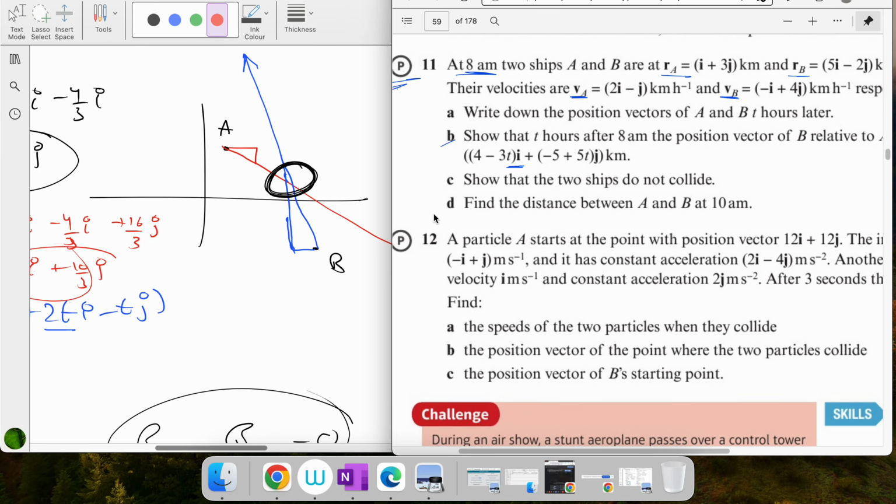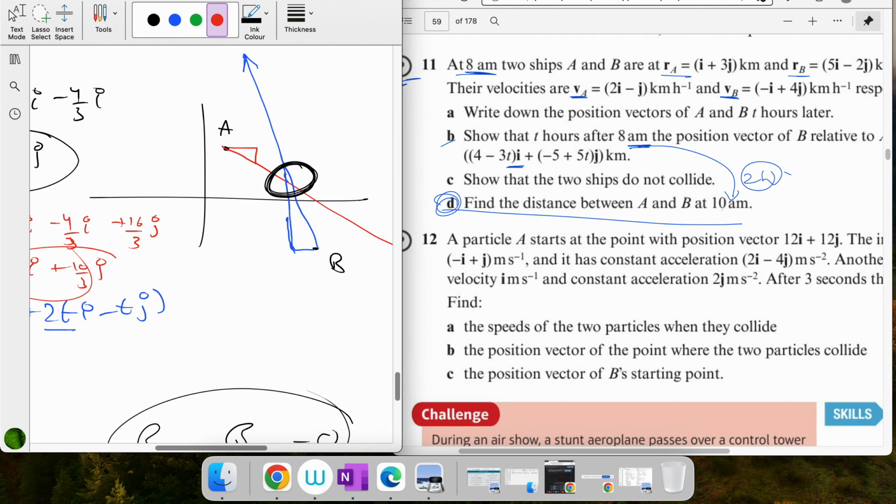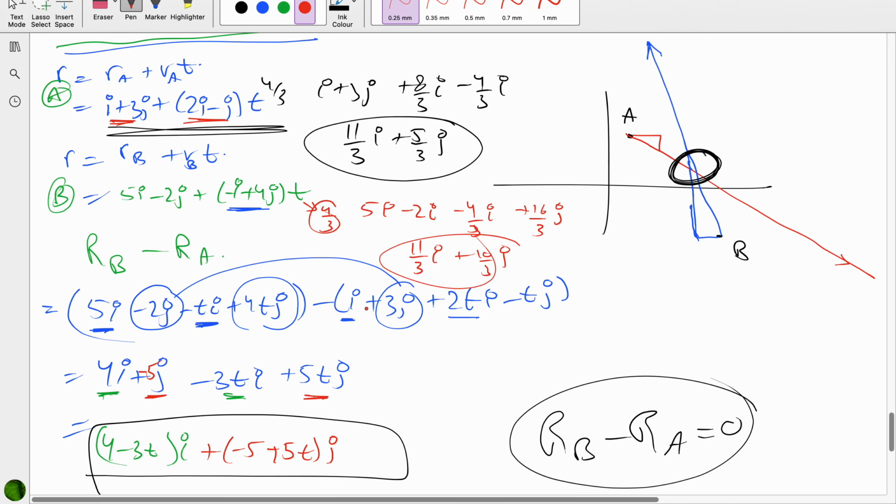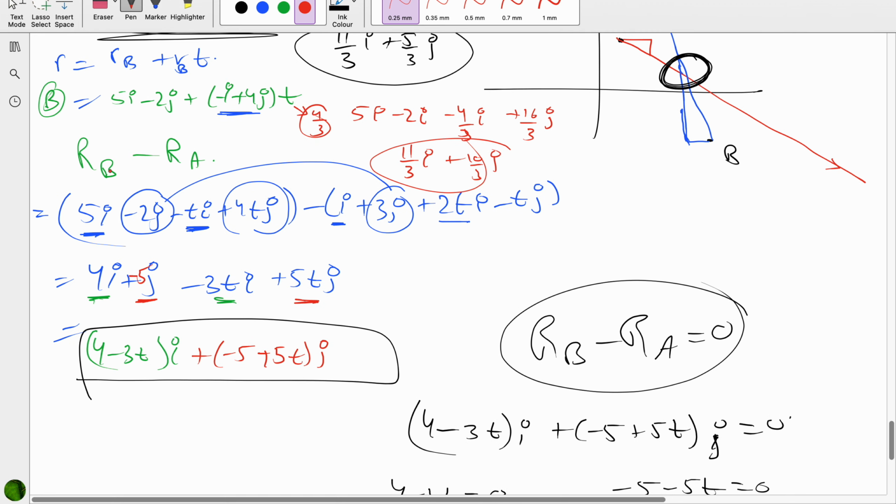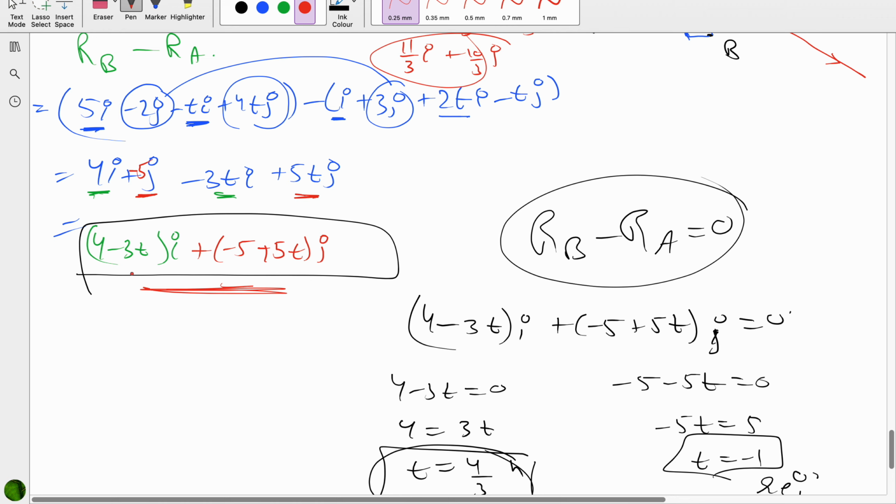D part says find the distance between A and B at 10 a.m. So they started at 8 a.m. and 8 to 10 is 2 hours difference. So at all times we have this equation, the distance between RB and RA. So if we use this and use the time as 2, this will be 6i minus 10j.